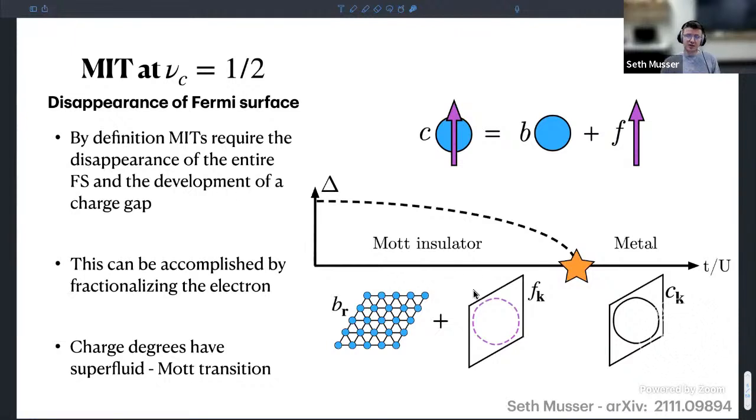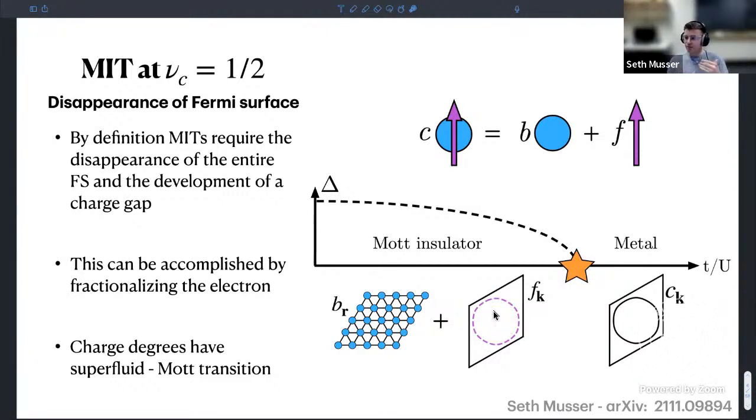When you do this, you can picture what's going on as you tune through this bandwidth-tuned transition. You have a metal with your standard Fermi surface. On the Mott insulating side, you freeze your charge degrees of freedom, your chargons, one for every lattice site. Here you can see what that looks like in real space, but you don't freeze out the spinons. The spinons still have a Fermi surface.